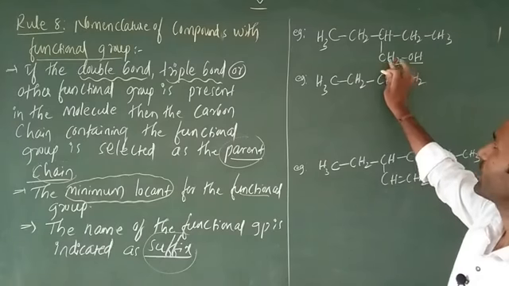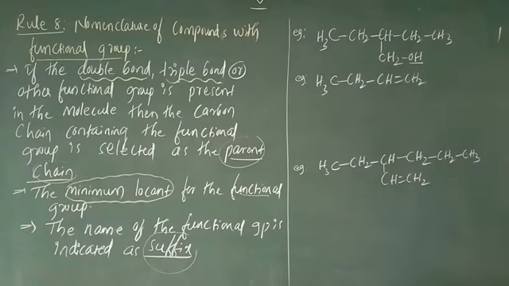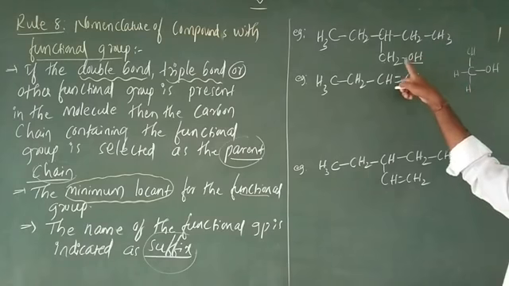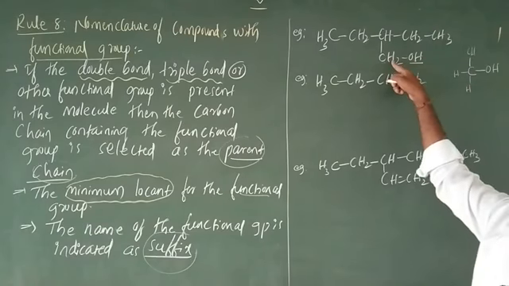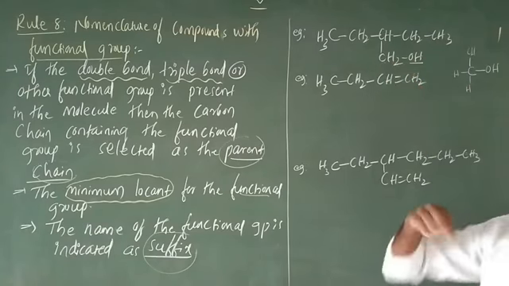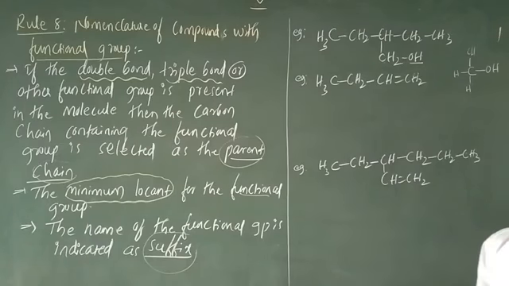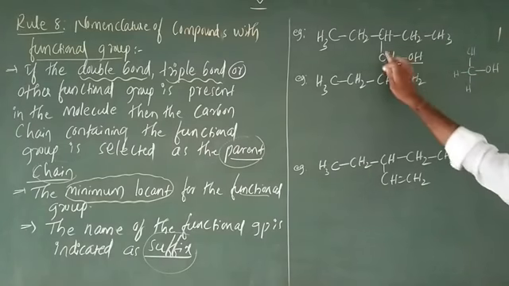These two hydrogens are attached like this. Bear in mind, this OH group is not attached to a hydrogen. When you write the structure, the OH group is attached to this carbon containing two hydrogens.